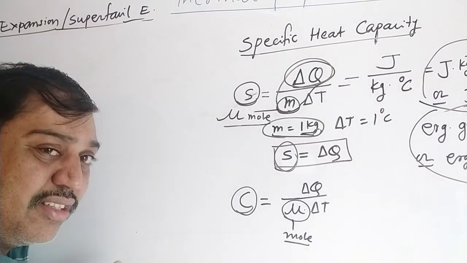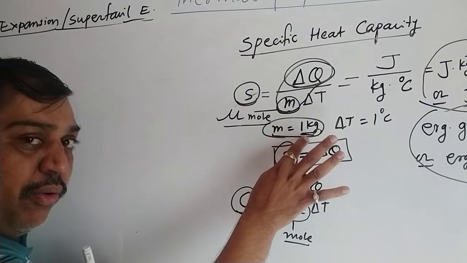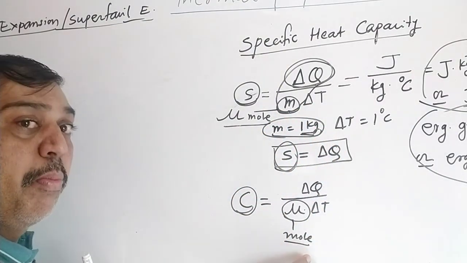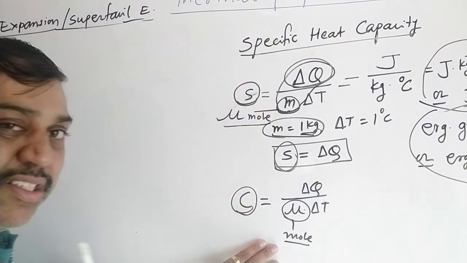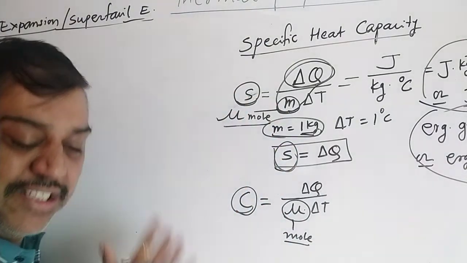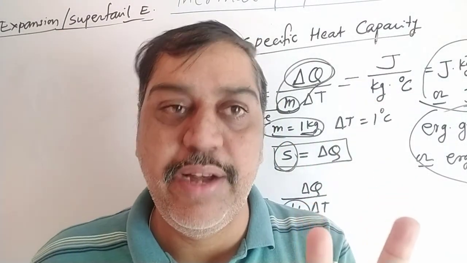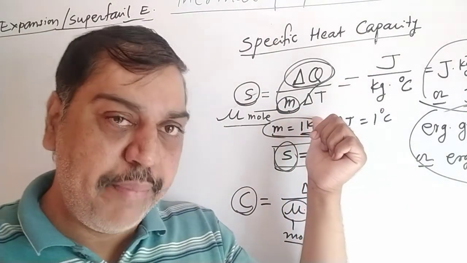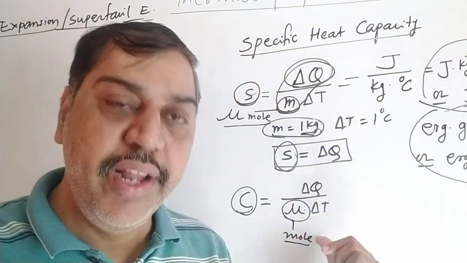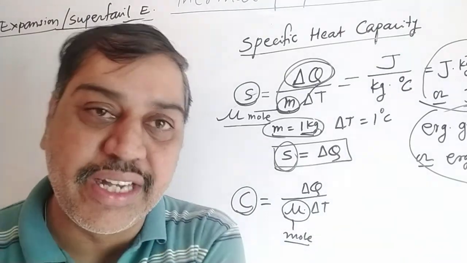What is the difference? The difference is only that here the mass is measured in kilogram, and here the mass is measured in moles. That is nothing but molar specific heat, and with kilogram it is principal specific heat. So the point to remember: there are two types of specific heat. The principal specific heat, in which the mass is measured in kilogram, and the molar specific heat, in which the mass is measured in number of moles, and the definition remains the same.